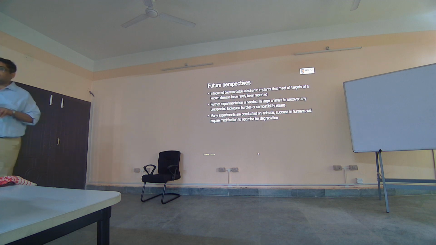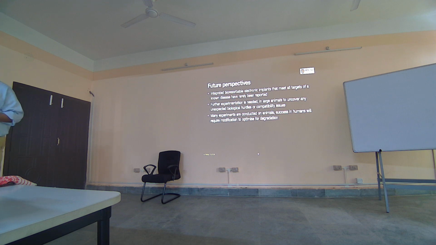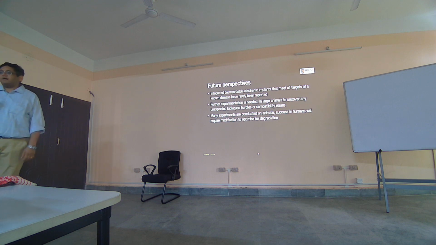For this ligation depth, what is the lifetime? Again, as I said, the requirement is only 2 weeks, so you don't need to worry about lifetime. The problem is that in those 2 weeks, it is also going to erode. So you need to ensure that it doesn't erode too much in the 2 weeks, but after that it's fine. For use in pacemakers? No. If you want to use a pacemaker, it goes for 10 years.